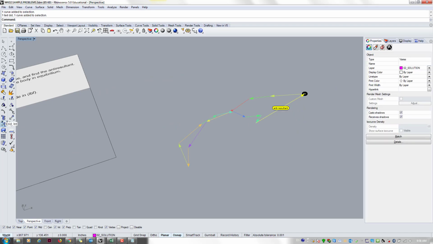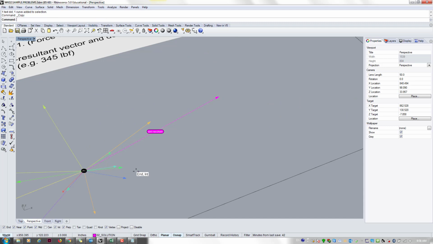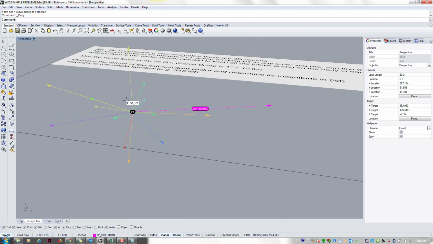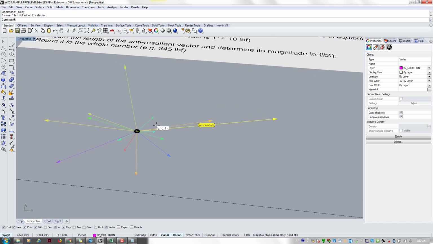If I bring this here, then without this, P1 would be moving in this way, but because you put the anti-resultant, P1 is in equilibrium and not moving in space.